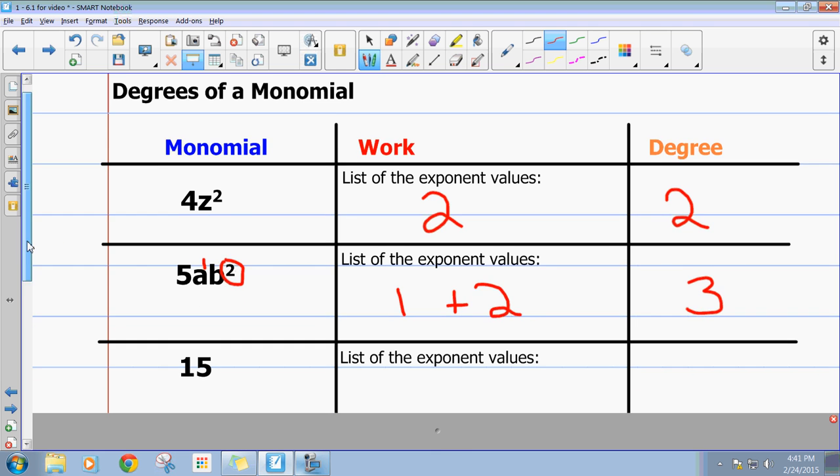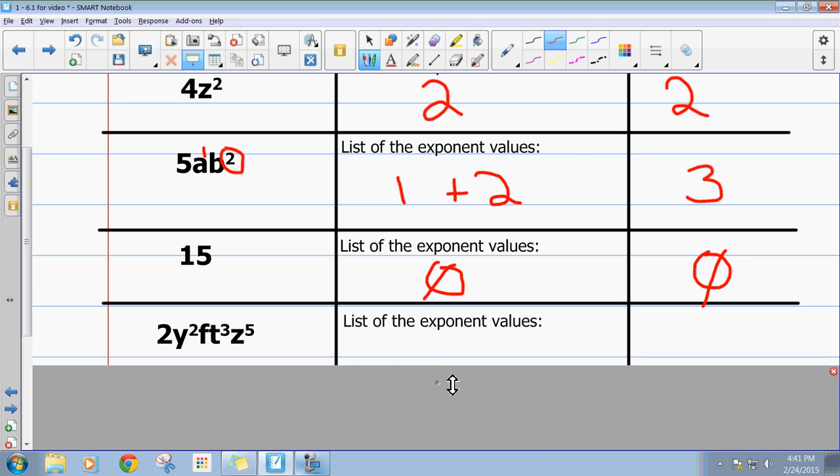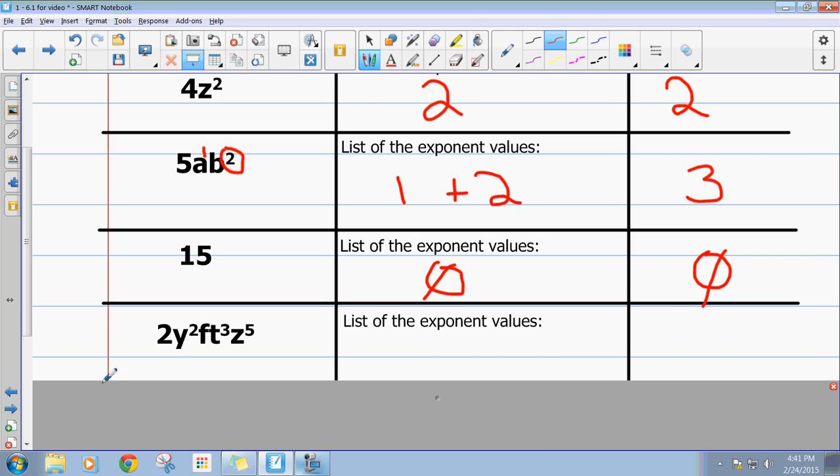Let's look at another one. When we're considering 15, 15 does not have a variable. Therefore, if it doesn't have a variable, there's no exponent on the variable, and the degree would simply be considered 0. Here's a longer one. y has an exponent of 2. Jot that down.